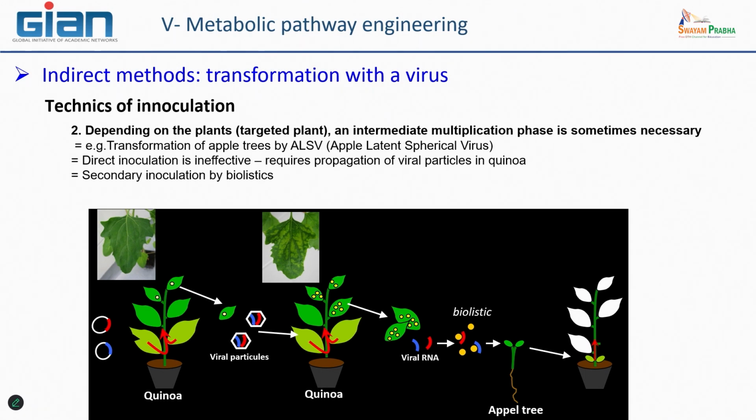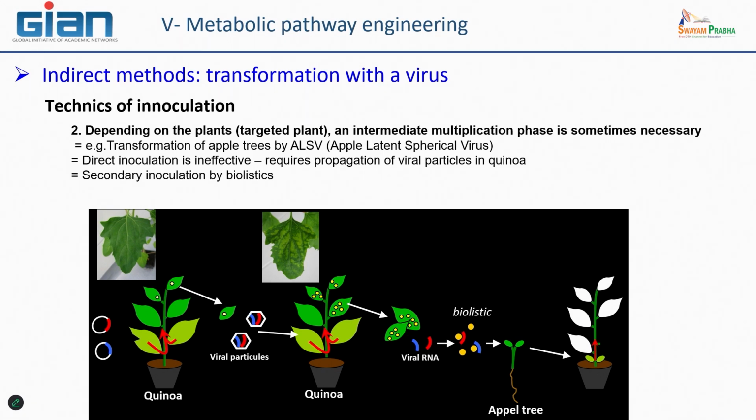And what we do is not to infect the apple plant again with virus particles, because it doesn't work, but we combine this viral DNA with a plasmid of Agrobacterium, and we use another way of delivery. I will explain what it is.